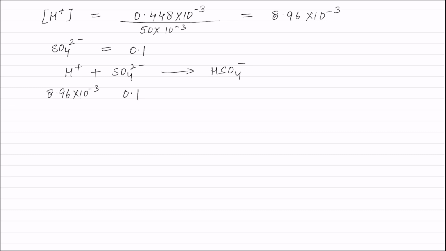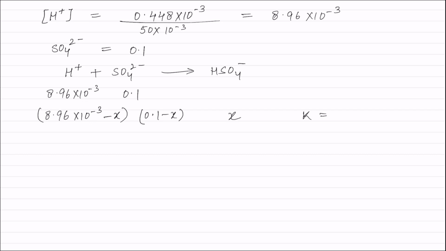Now if X moles of H⁺ combine with X moles of sulfate ions, then we can write the final concentration of H⁺ ions will be 8.96 × 10⁻³ minus X. Final concentration of sulfate ions will be 0.1 minus X, and the concentration of HSO4⁻ ions will be X.